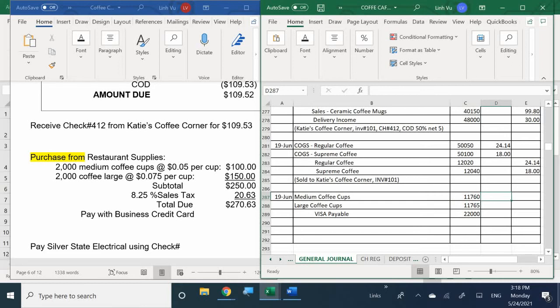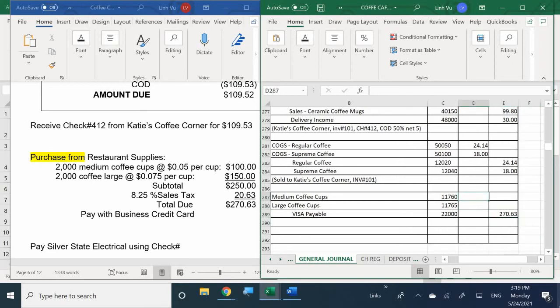Medium. Under Visa payable and the credit, I put 270.63, because that's the total. And then for the medium coffee cups, I took the $100 times the 0.0825 to get 108.25. Good.